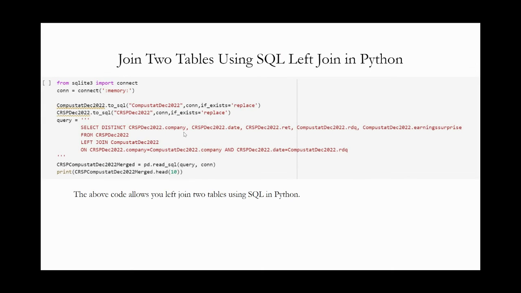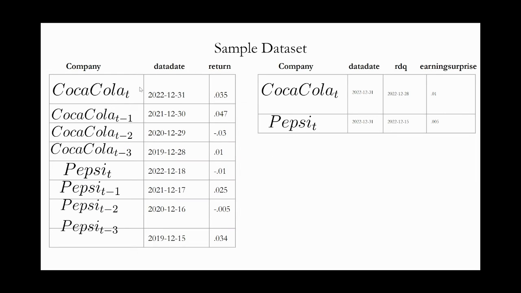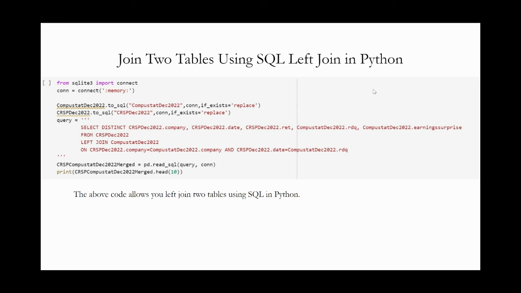And then we basically say we want to match on company, and we want the date to equal RDQ. And so we want this column to equal this column. And then finally we have all that, and then we say crisp CompuStat merged, and then we want to read this from SQL back into pandas, right?